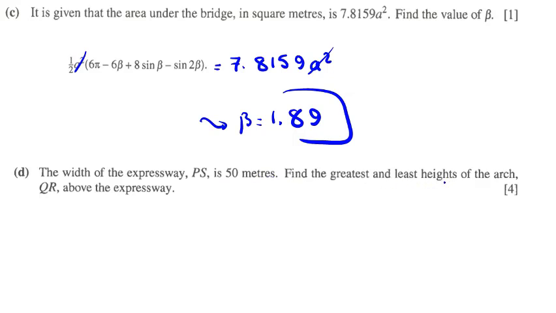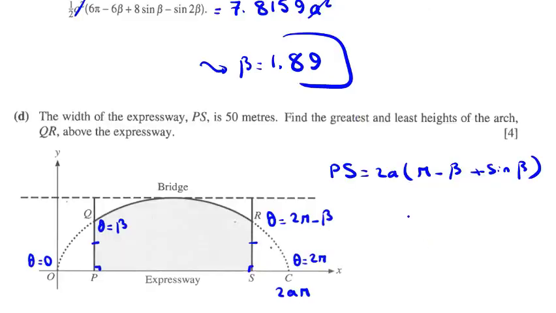Part D: the width of the expressway PS is 50 meters. Find the greatest and least heights of the arc QR above the expressway. From the previous part, PS is this. PS is 50, so we replace it: 50 equals a times (pi minus 1.89 plus sine 1.89).